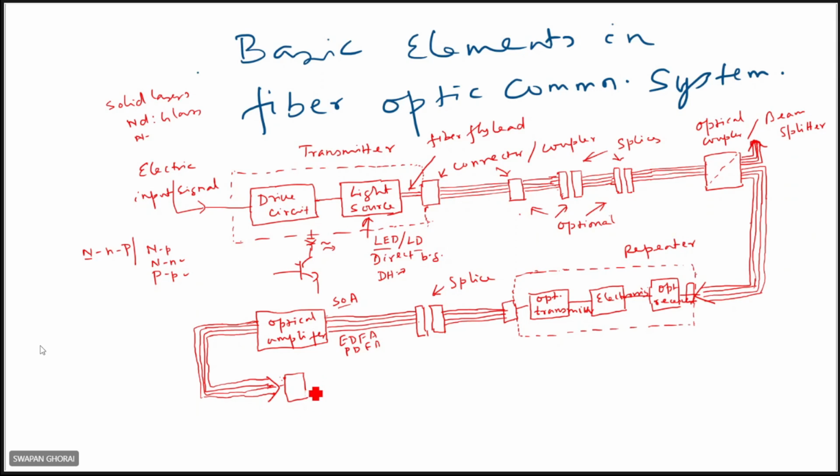Next will be your photodetectors. Basically, they are photodiodes. Photodetector, and next will be your amplifier, and next will be your signal restorer.